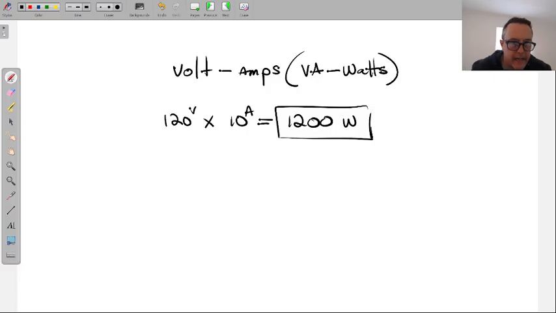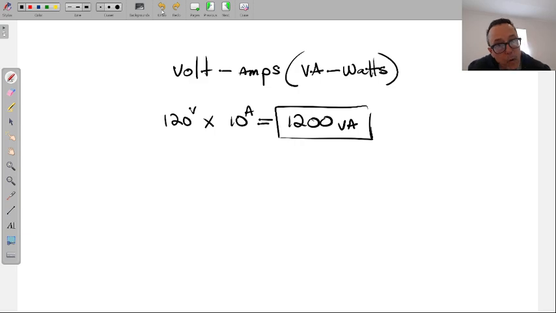In a calculating world, we don't say watts. We say VA. 120 times 10 amps equals an estimated wattage of 1200. So we would say 1200 VA. Whenever you see VA, you are talking about an estimated number based off of calculations.